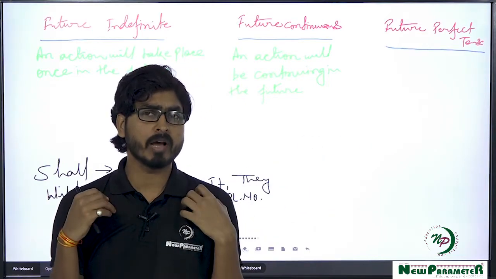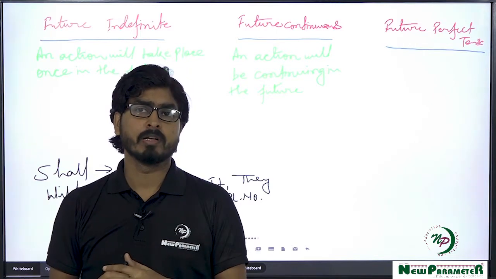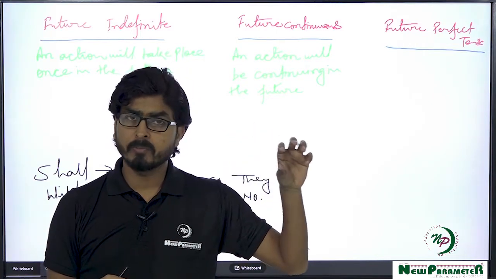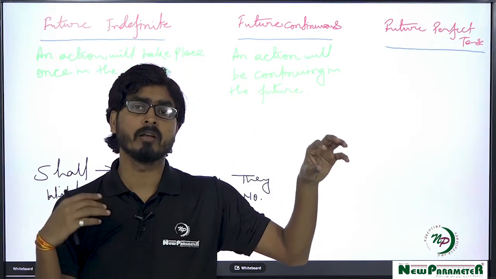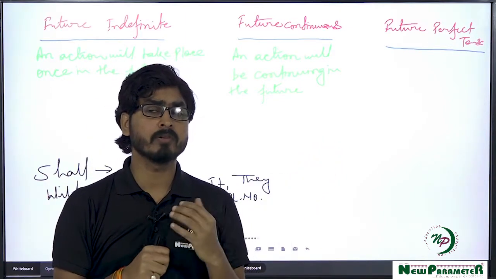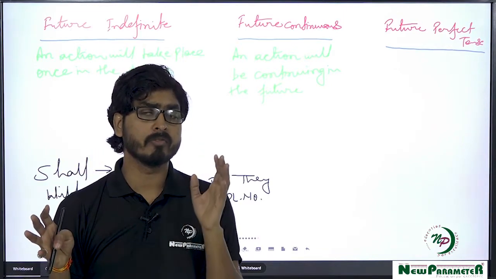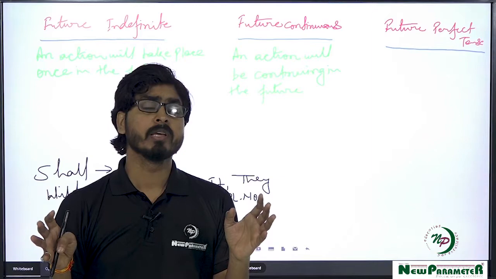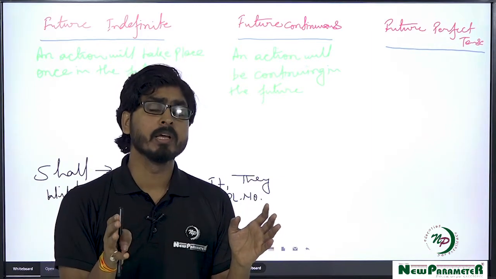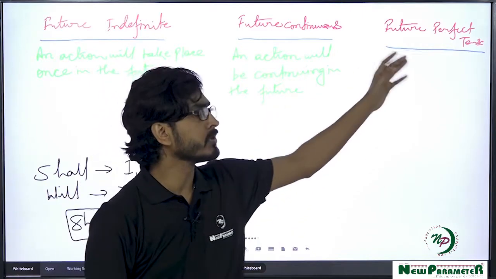So what I want to tell, that I assured my father that at a particular point of time in the future I'll be able to get a job. So in this context I want to show that in the future at a very particular point of time, if there is a possibility of doing an action, must goes with future perfect tense.